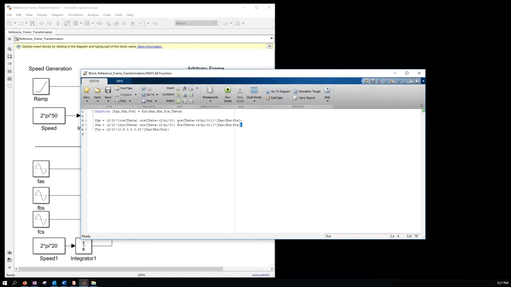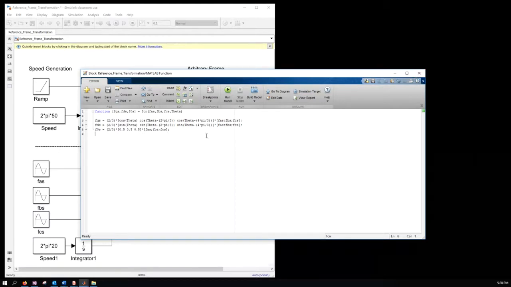I have my A, B, C, and the theta as inputs coming in, and I'm doing the transformation using our reference frame transformation computation. This is what you need to implement to do reference frame transformation, whether in a real-time system or for your simulation.